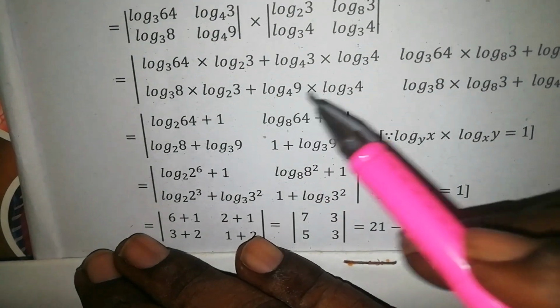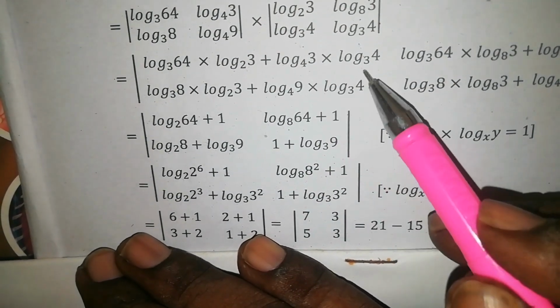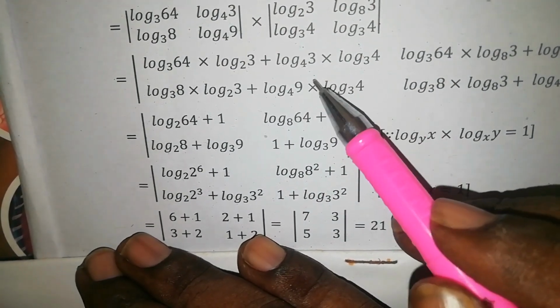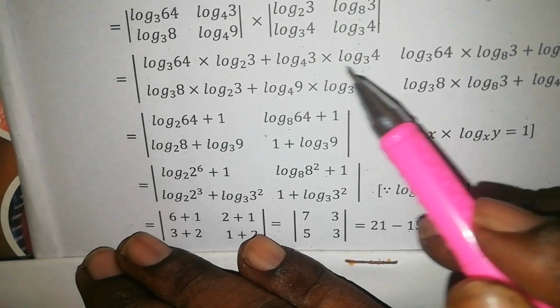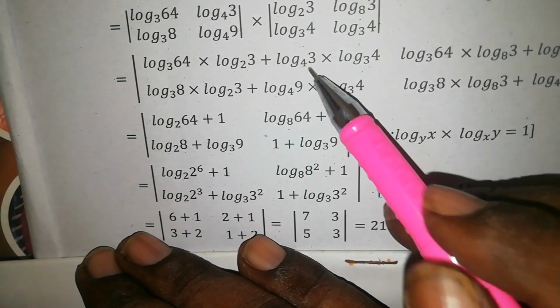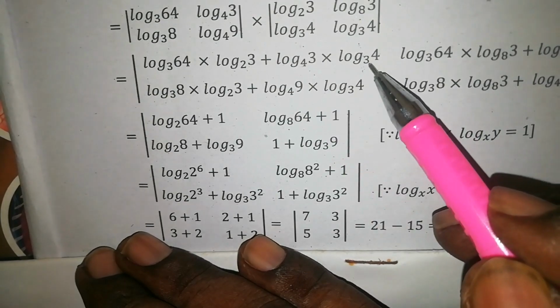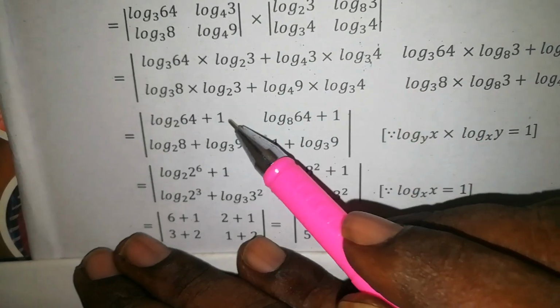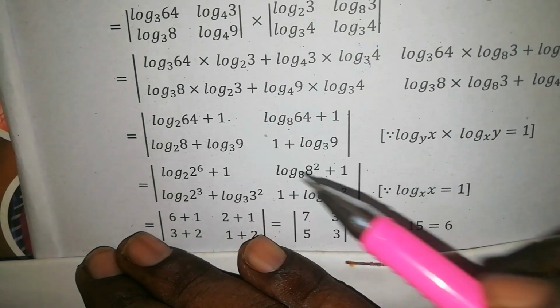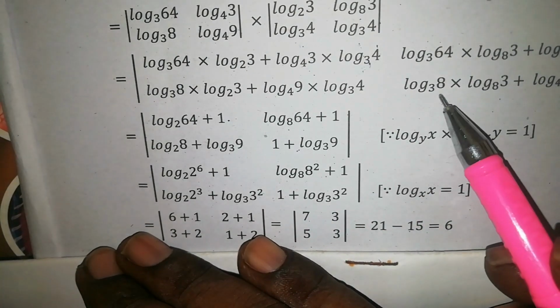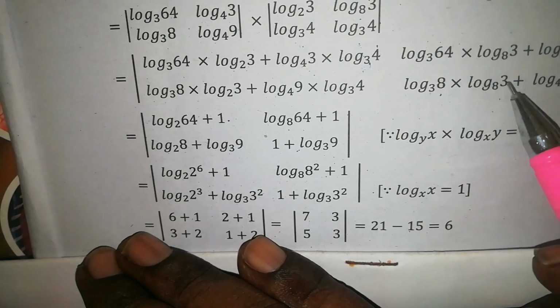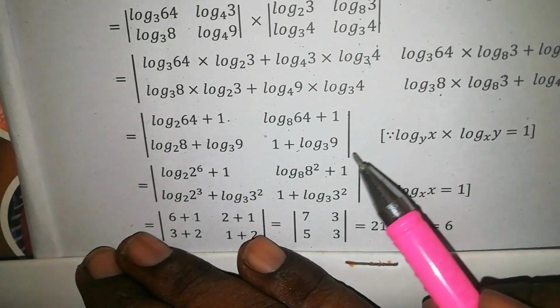Now this one. If it is the change of base rule, log 3 will come. Change of base, so log 4 will come. So log 4 means that value is 1. Here also, log 3 will come, so that is 1.